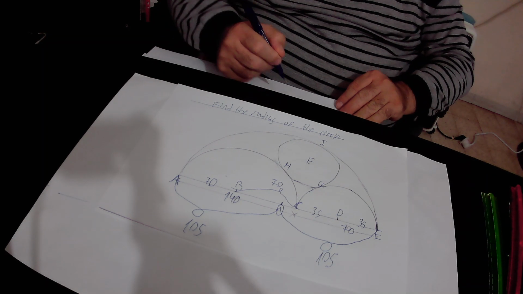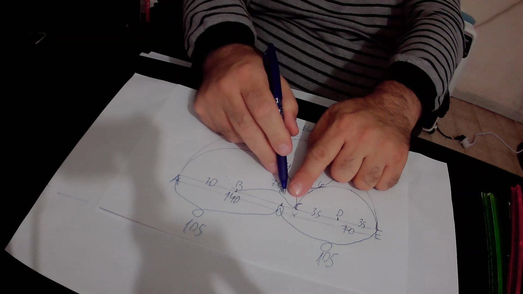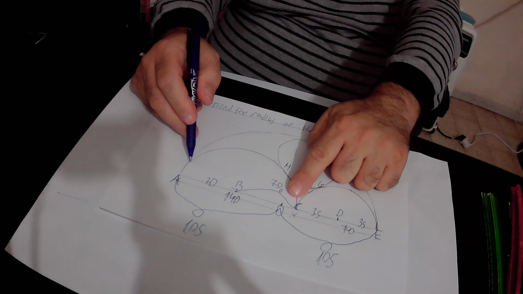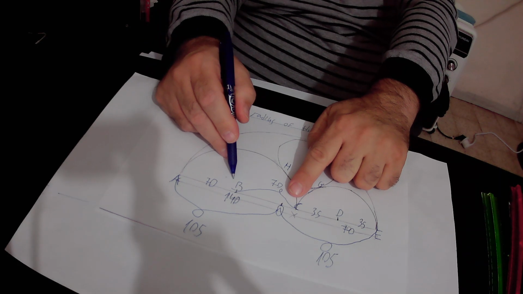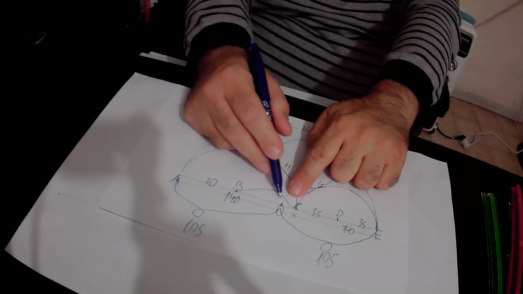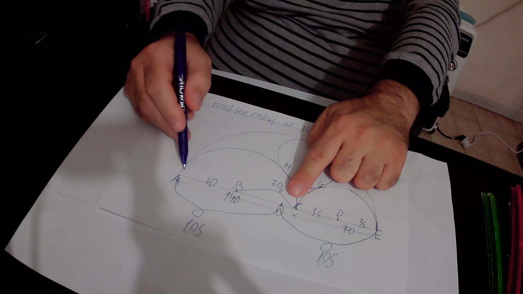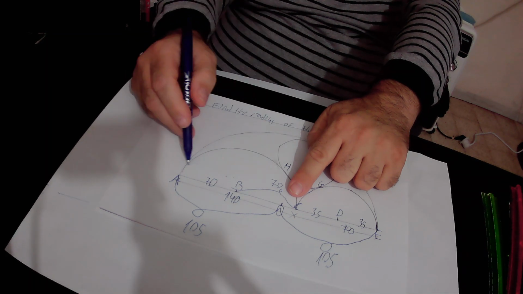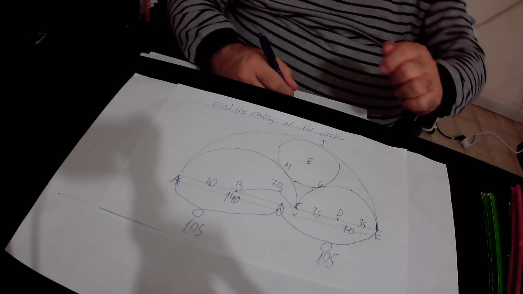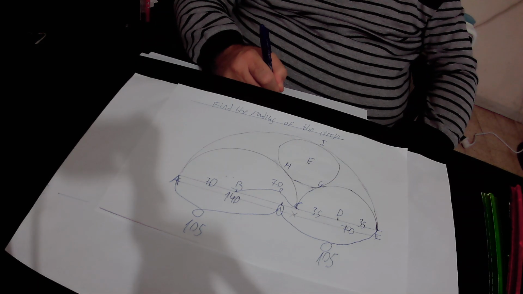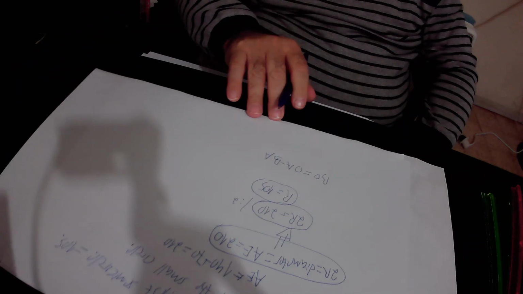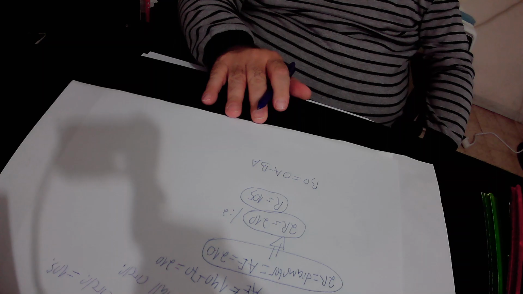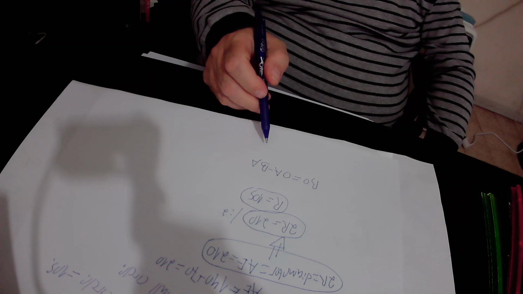From the drawing, it is very easy to see that OB, BO, doesn't matter, line segment OB equals OA minus BA. Again, OB equals OA minus BA. Repeat again, line segment OB or BO equals OA minus BA.